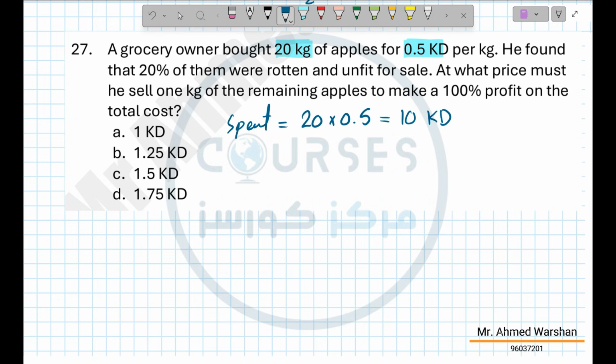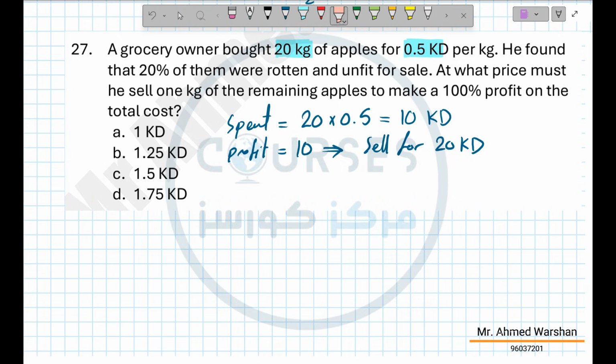Okay, so he wants to make 100% profit. It means he wants his profit to be also 10 kd, which means he wants to sell the apples he has for 20 kd.